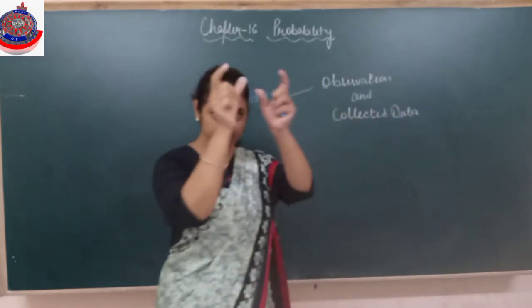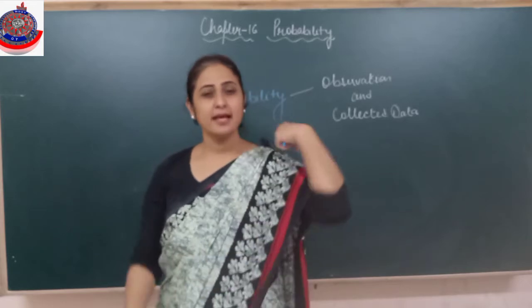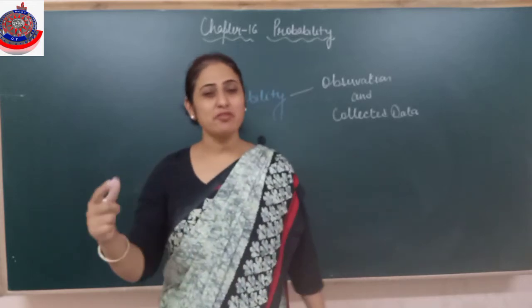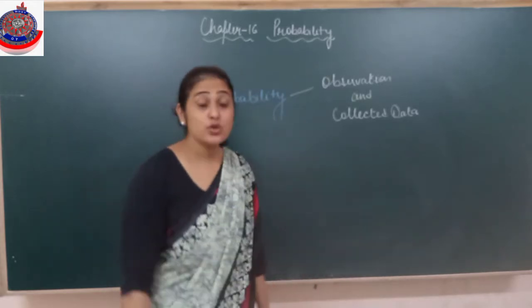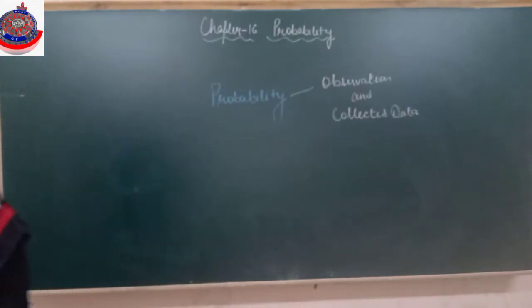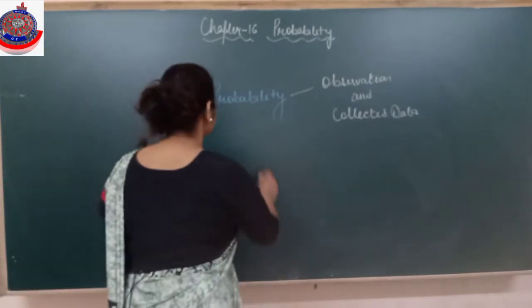There we used to have column-wise collected data, its chances, and then we used to find out the probability. This is called the statistical approach of probability.